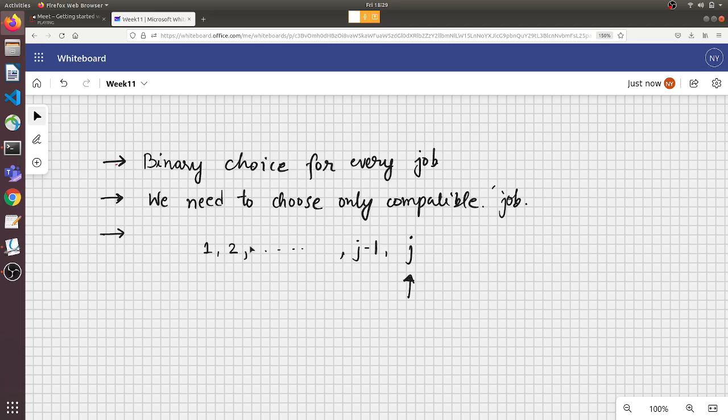If you don't include it, then you can return the answer for jobs 1 to j minus 1, because you have not picked j. So now you do not need to discard those jobs which are not compatible with it. But if you pick the jth job, then you need to discard all of those jobs which are not compatible with it.